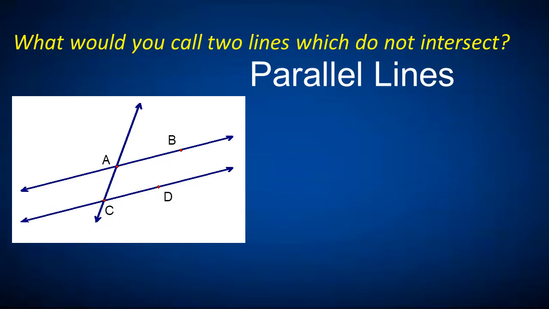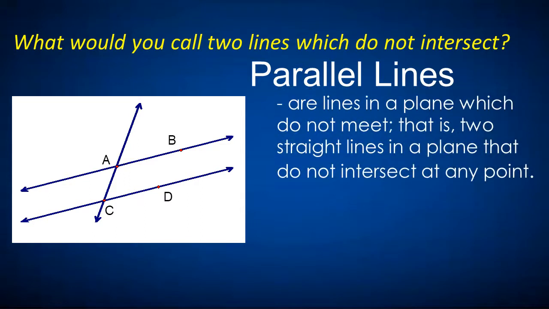Lines that do not intersect are called parallel lines. Parallel lines are lines in a plane which do not meet. That is, 2 straight lines in a plane that do not intersect at any point.